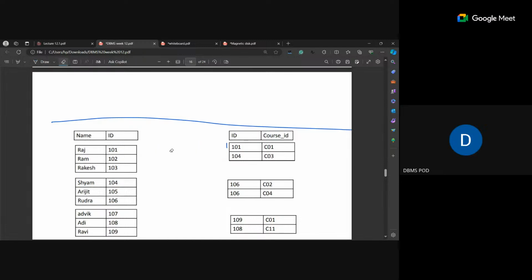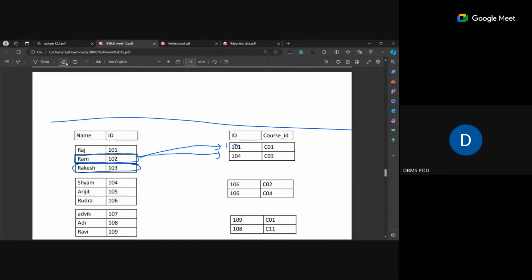After that, Ram 102 will check with 101. If it matches, it will add to the result. Ram 104 checks with 104. Then 103 will check with 101 and 104.